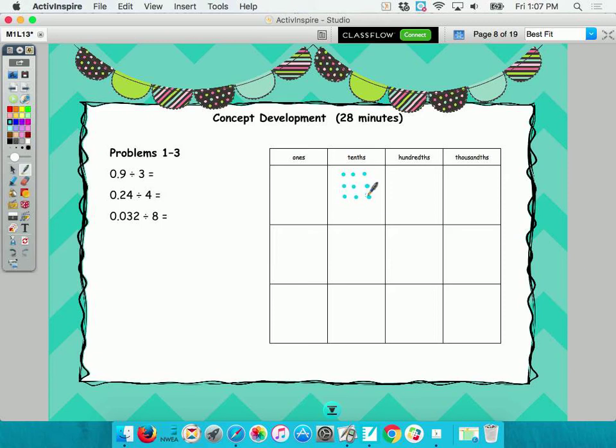So go ahead and put that in the tenths place. With your highlighter? Yes, I mean that's easiest. And then with your pencil, let's divide it into 3 groups. So how many are in each group? 3. 3 what? 3 tenths. 3 tenths.